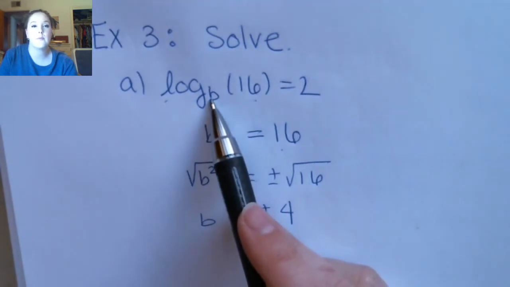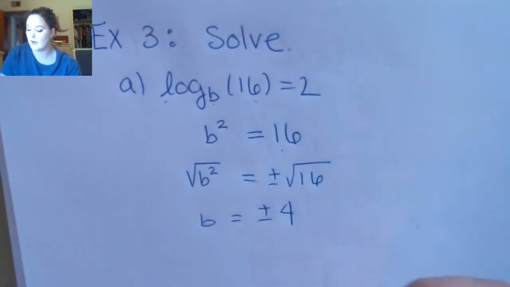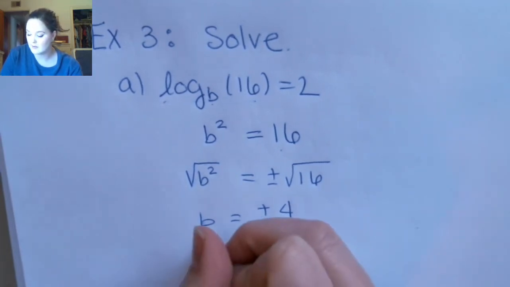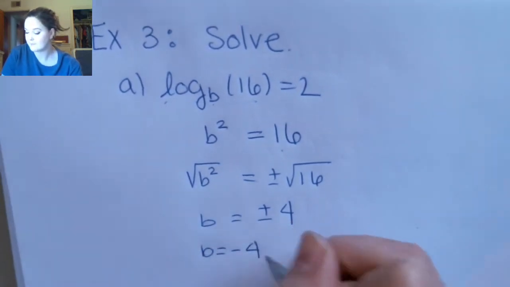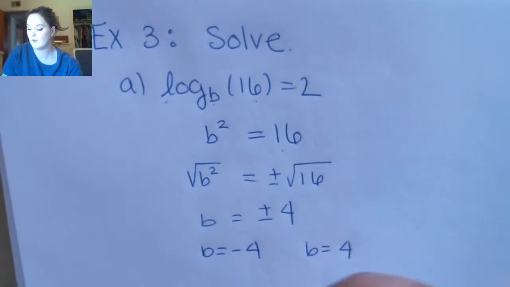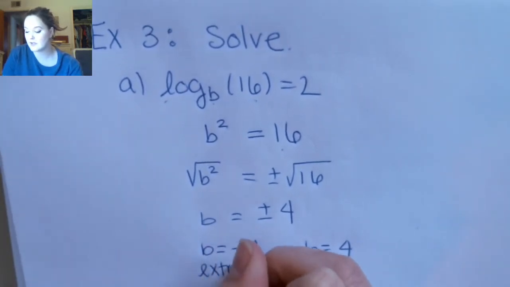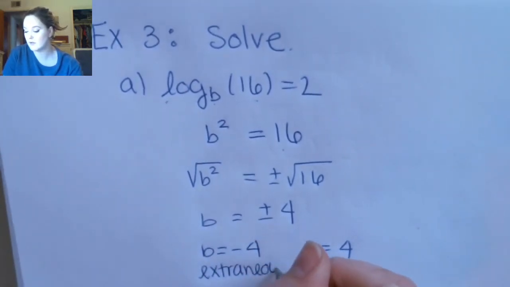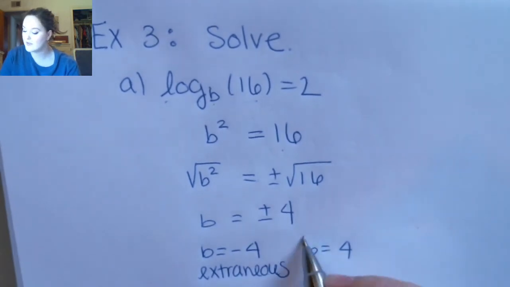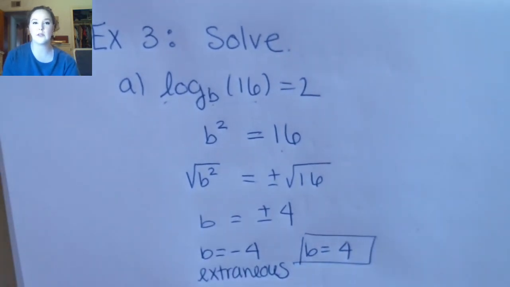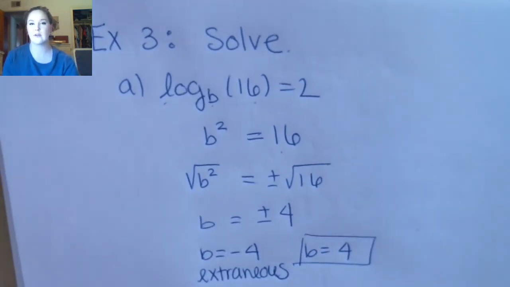But we know that the base for a log has to be a positive number. So for us, this is an extraneous solution, and this is our real solution, b equals positive 4.